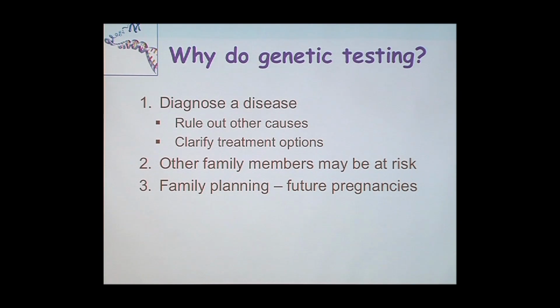A couple that might have a family history themselves might want to know if they are carriers of a mutation before they have children. Or a couple that has one child affected with the disease wants to know what their chances are of having another child with a genetic disease. So these are some of the reasons why people might choose to do genetic testing.